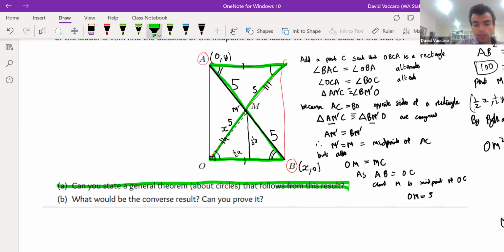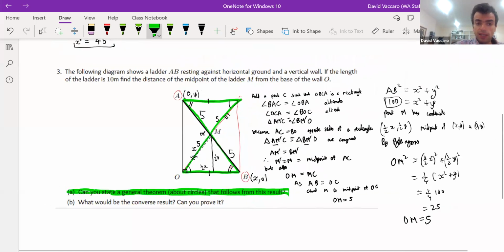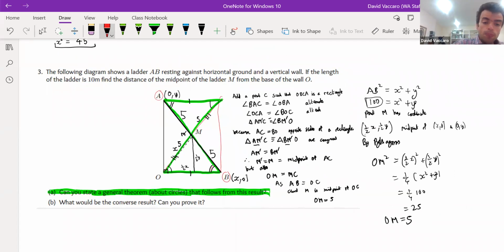Two things I want you to do. If you're happy with that argument, so if you're happy that I've proved that OM is 5, then put a thumbs up in the chat. If you've got any questions, also put that in the chat. And then the other question I want to ask is, what general theorem have I proved precisely in this argument?